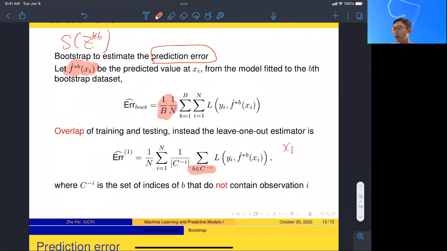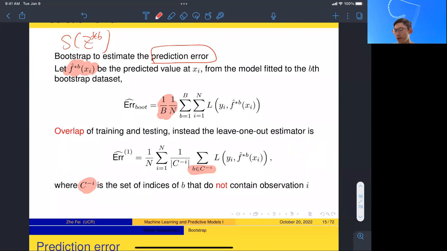So X_i is sampled in some bootstrap sample, right? The star, how do we, yeah, so this C is the set, essentially it's this C minus i idea. So let's try to write this out.